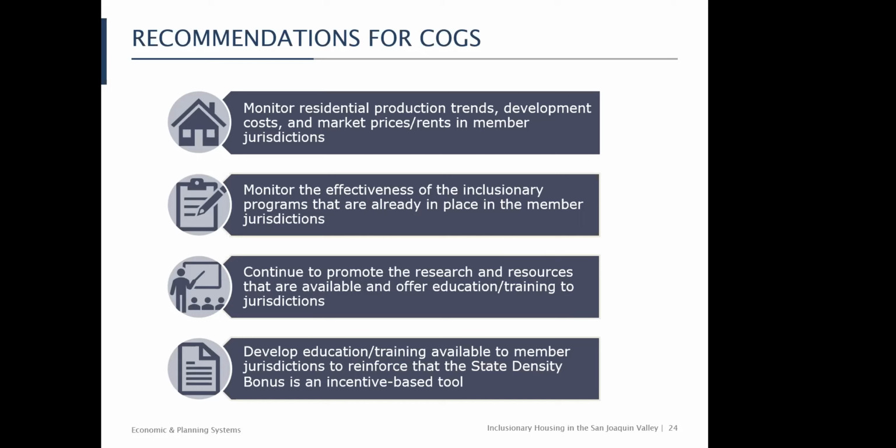And really leaning into the education piece and helping jurisdictions understand how inclusionary works can be very helpful, possibly preparing materials that can be presented as study sessions to councils across the Valley. And then the state density bonus. It's an incentive-based tool rather than just a requirement in the way that inclusionary is. So developing materials and making sure that jurisdictions really understand how the state density bonus program works is an option, especially in cities that don't have the political will for inclusionary right now.